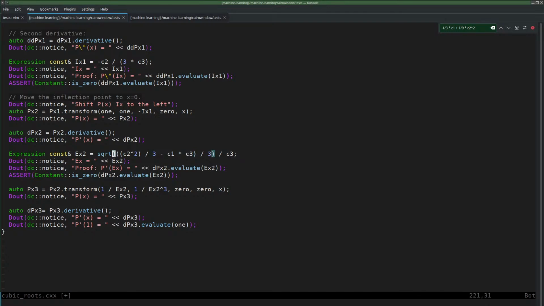I'm not really interested. No, actually, I should not leave it like this. I want a positive one. I mean, the inflection point was moved to the x equals 0, so the local extremes are left and right of that with equal values except for a minus, so it's plus or minus something.